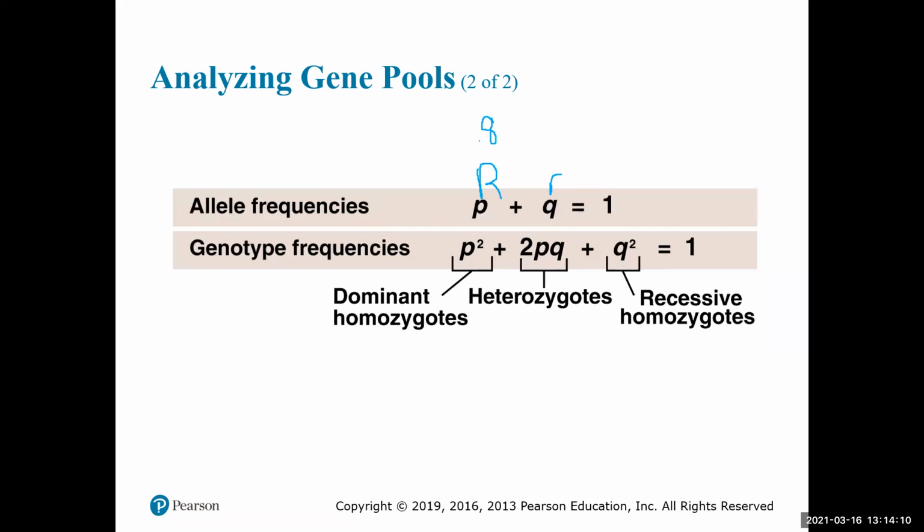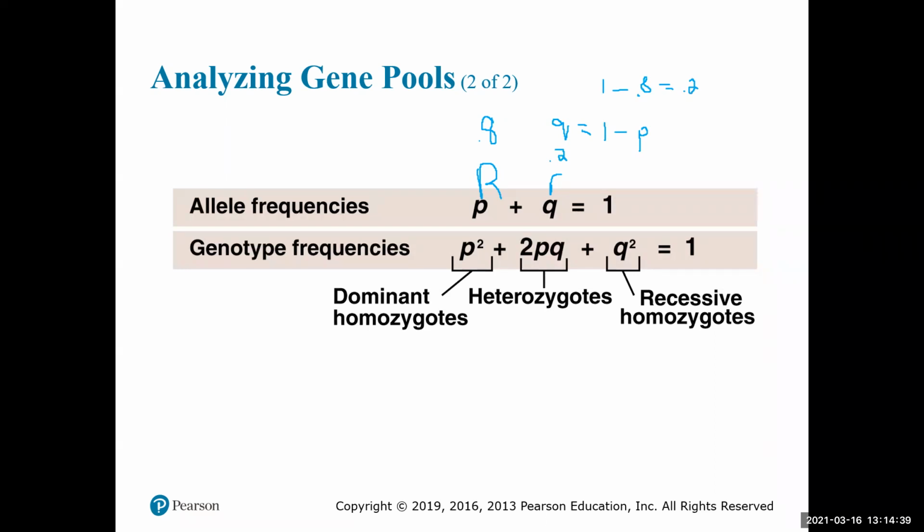So to determine the frequency for the lowercase or recessive allele, which is white flower color, you just say 1 minus P. And so 1 minus 0.8 is 0.2. So the allele frequency for the recessive allele is 0.2.